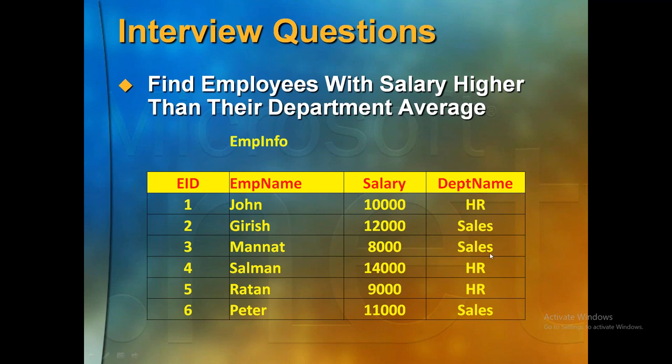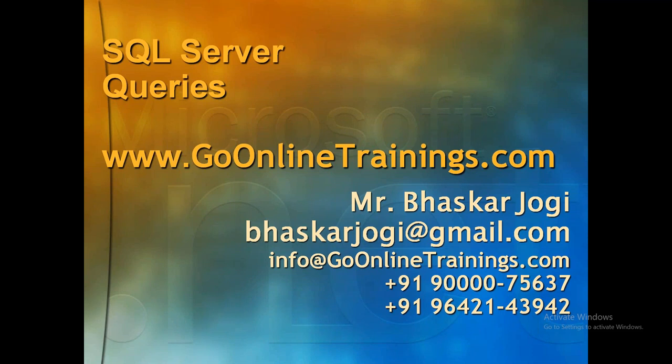Then you need to compare again, but against their own department average, not the complete average. Find employees with salary higher than their department average. This is a beautiful interview question asked recently. You try this; if not, I'll give the answer. This is a very, very important interview question. Try to do that.